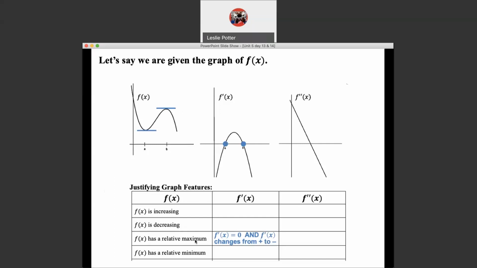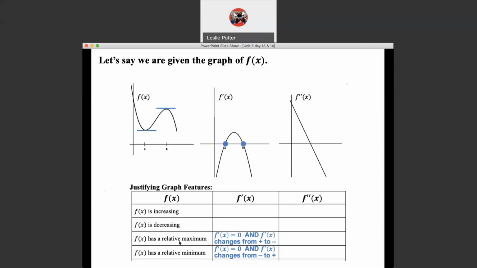So we know that we have a maximum when the first derivative is equal to 0 and the first derivative changes from positive to negative, so increasing to decreasing. And if we have a minimum down here, then again the first derivative is 0 and the first derivative changes from negative to positive. So at this minimum, we go from decreasing to increasing, from a negative derivative to a positive derivative.